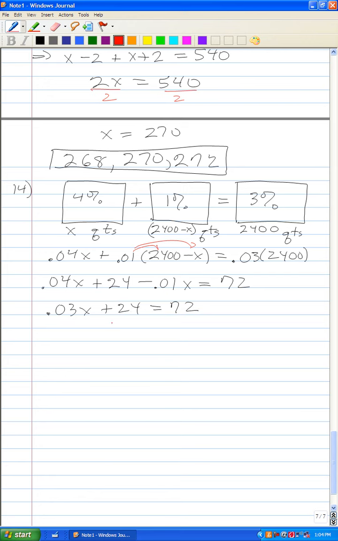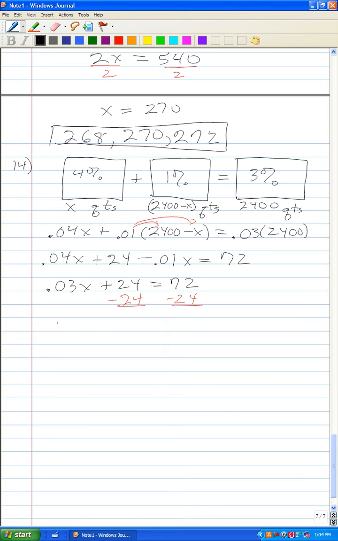Subtract 24 from both sides of my equation. So 0.03x is equal to 48. Let me divide both sides of my equation by 0.03.